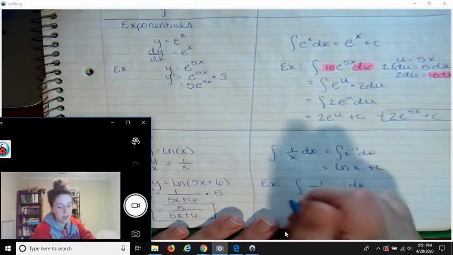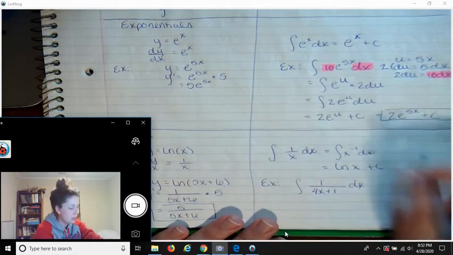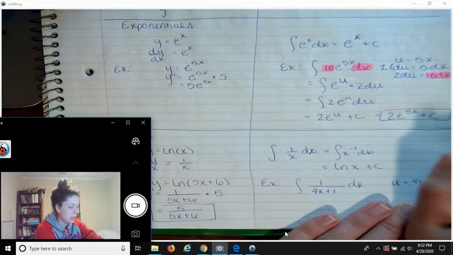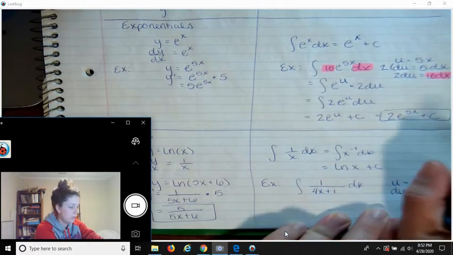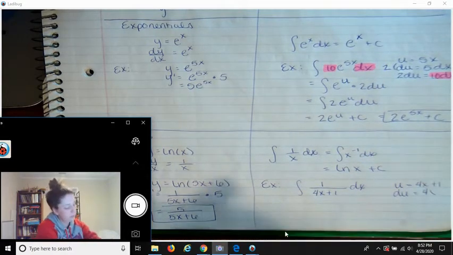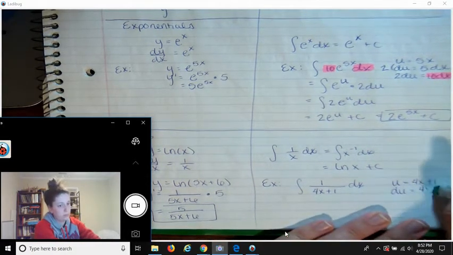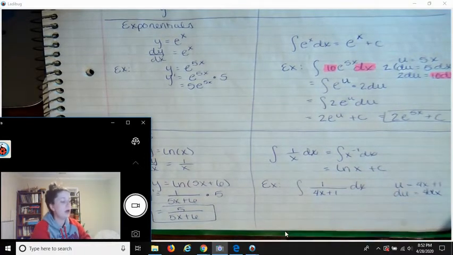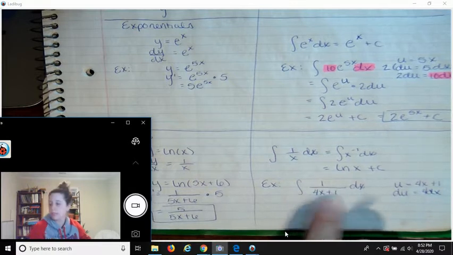Okay, so we have this, and we can rewrite this with the chain rule. So u is 4x plus 1. Du is then 4 dx. Okay, now I can replace my u.